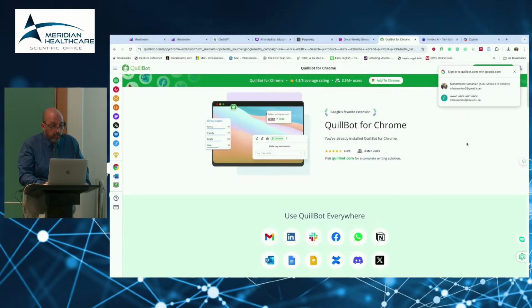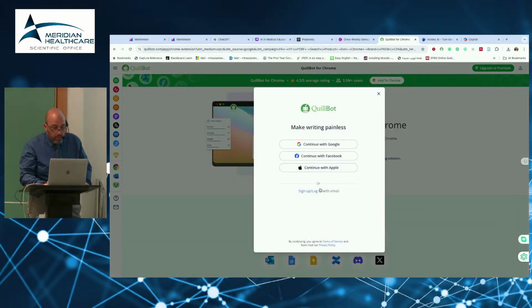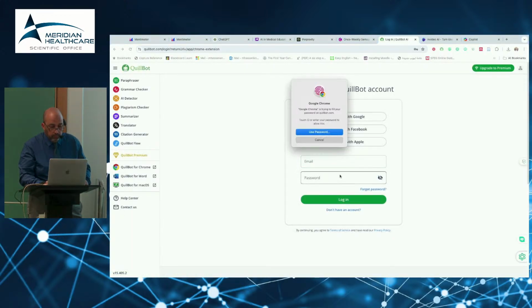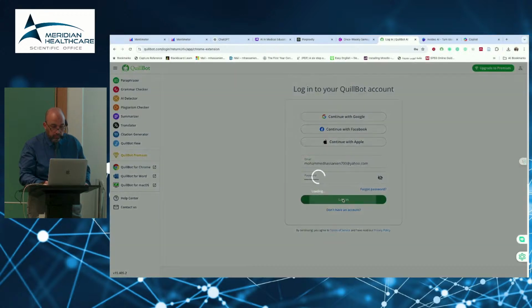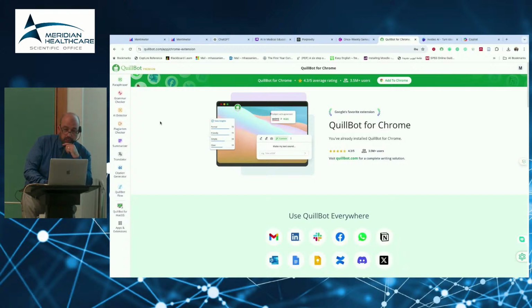I have an account on it, so no problem. So this is the icon here, which could be used to paraphrase, grammar checker, AI detector, plagiarism checker, summarize, translator, citation generator.